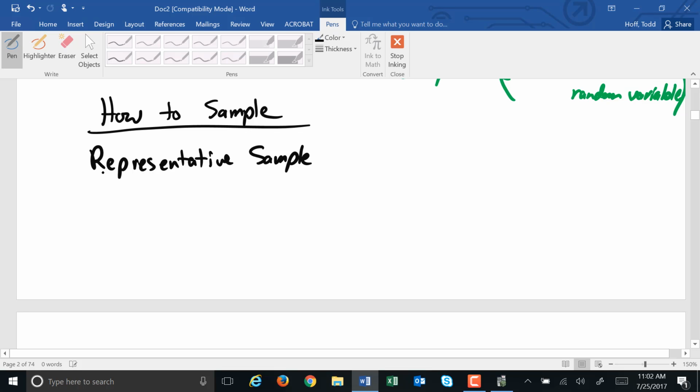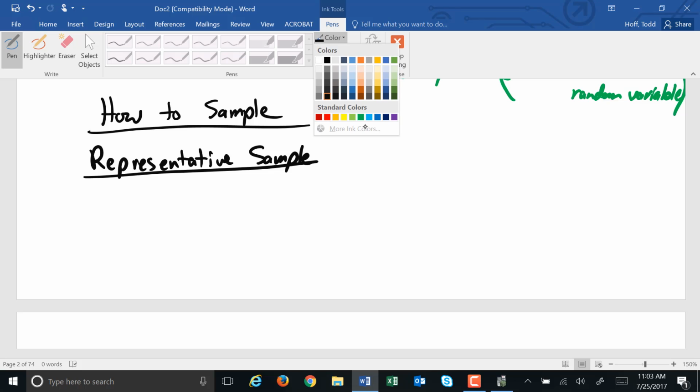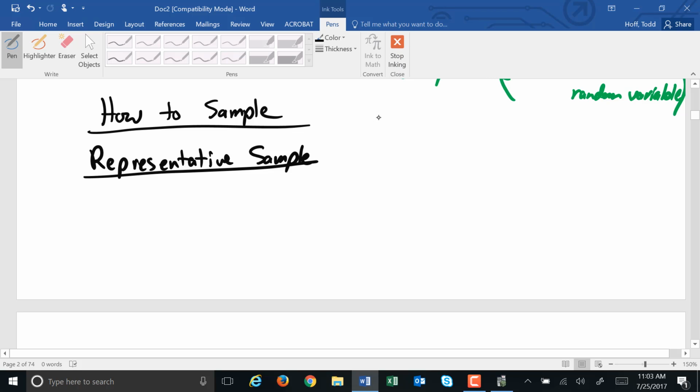A representative sample is the goal of any sample you take. And what it is is the sample statistics are equal to or really, really close to the population parameters.